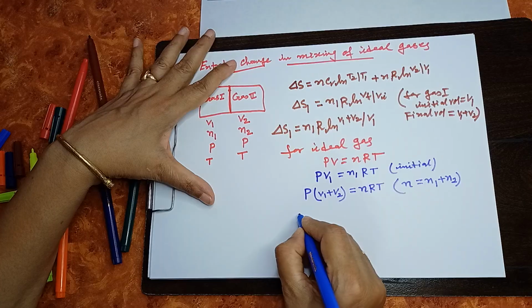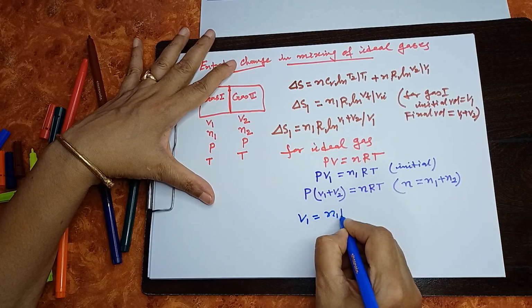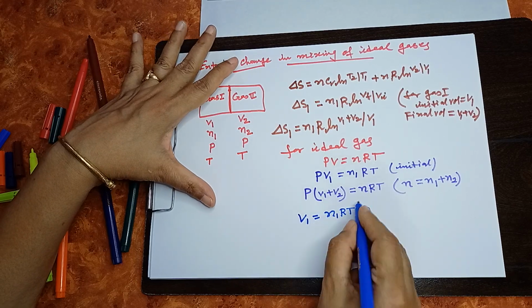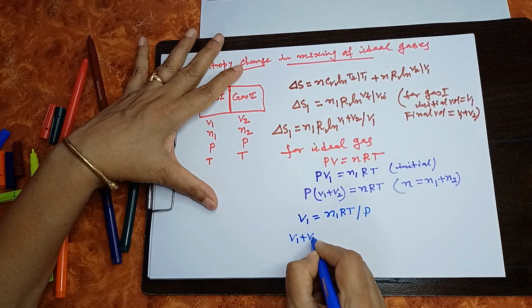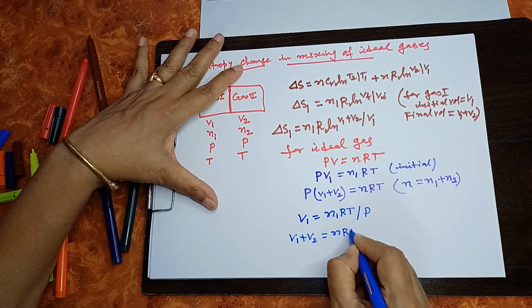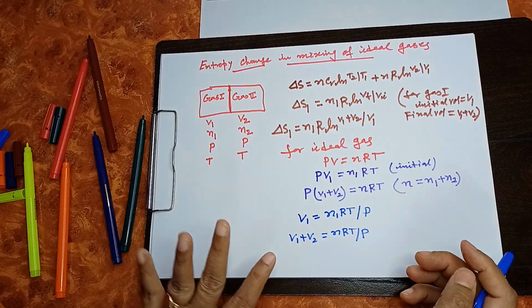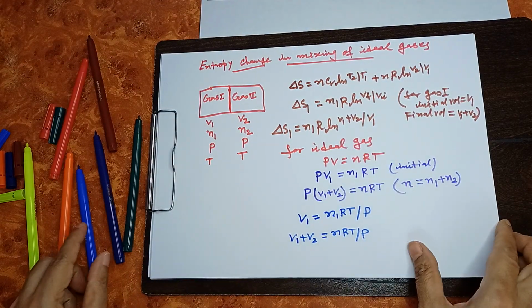So from here, I can write V1 is equal to N1 RT by P. And from here I can write V1 plus V2 is equal to nRT by P. Now this V1 and this V1 plus V2, I'll put in this equation.